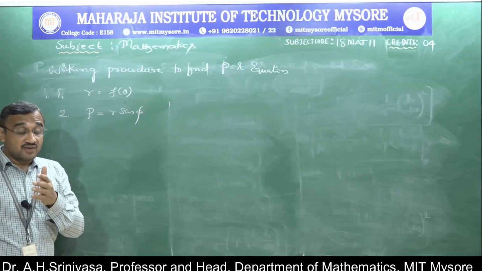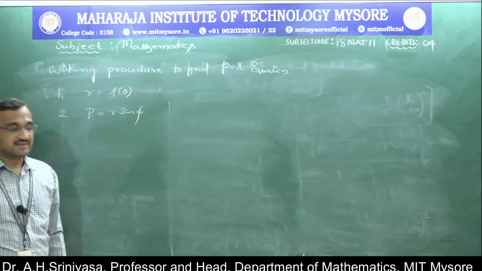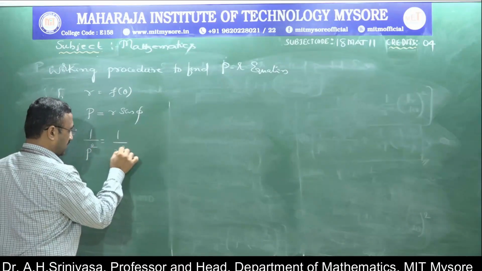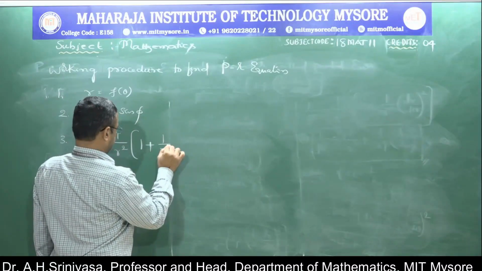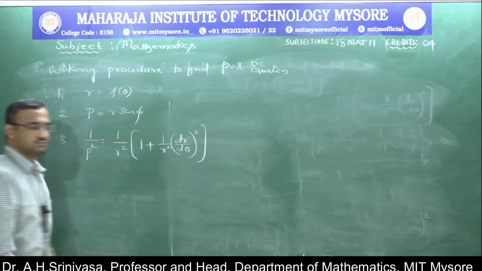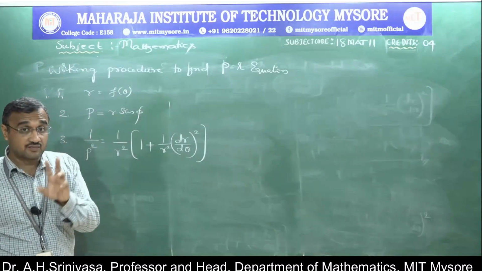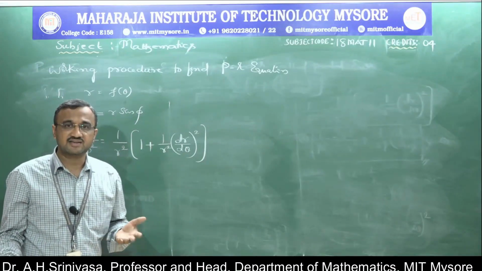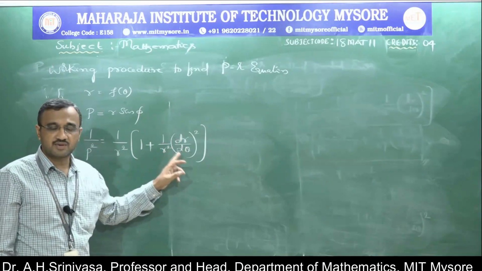If we get phi very easily, we can use this formula. Sometimes if we don't get the value of phi directly, in that case we have to use this formula for the Pedal equation: 1 by p square equal to 1 by r square into 1 plus 1 by r square into dr by d theta whole square.